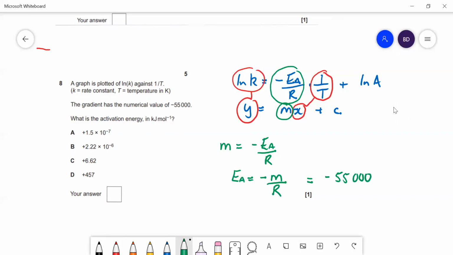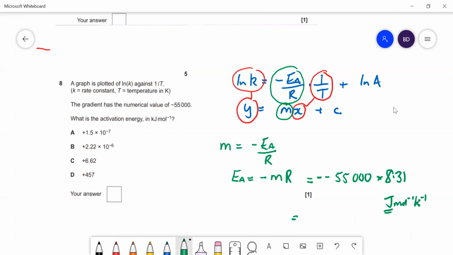Right, I'll rearrange that incorrectly, silly me. Times R. Okay, that's better. It's going to be minus that, so that's going to become a plus 8.31. Now, what are the units of the ideal gas constant? Well, it's in joules per mole per Kelvin. So our activation energy is going to be in joules here, not kilojoules.